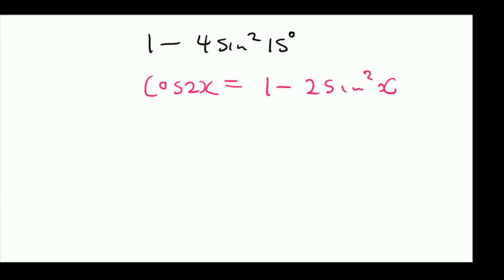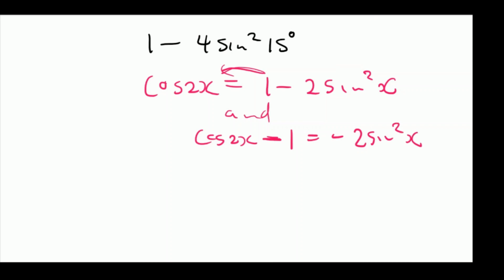And which can also be written as cos of 2x minus 1 equals minus 2 sine squared of x, if we transpose the 1 to the other side. So this is one of the double angle formulas. So you can write it like this, hence I wrote 1, or you can write it like this, hence I wrote 2. So that's how we're going to approach this problem here.